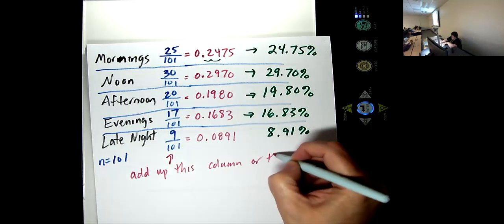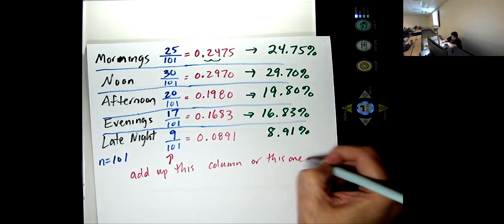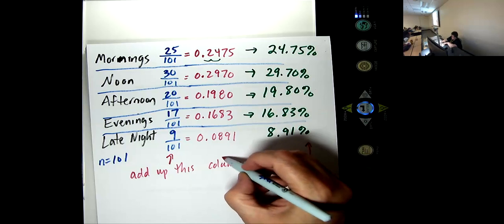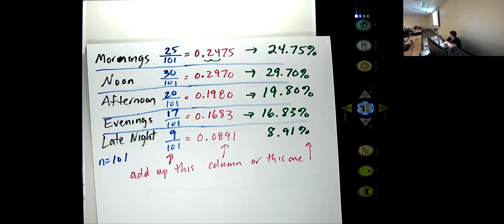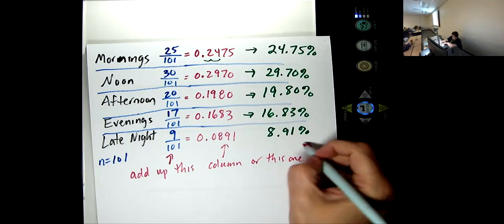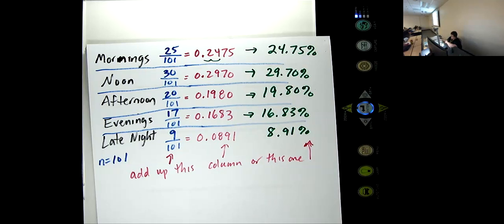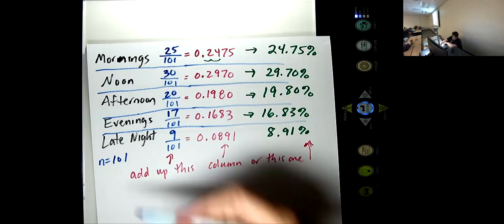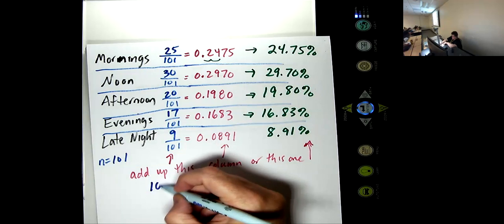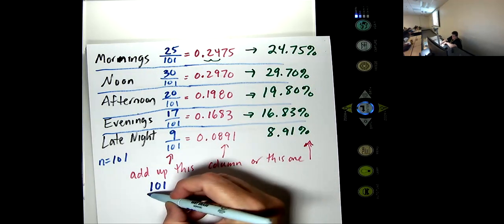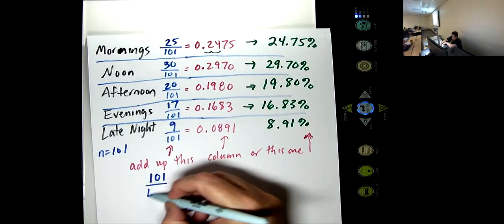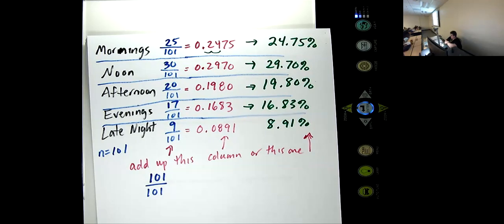or this one, or bucket, let's even do that one. This is worth showing, doing all three. For the blue one, when you add fractions with the same denominator, you add the tops. This is going to add up to 101 over 101.